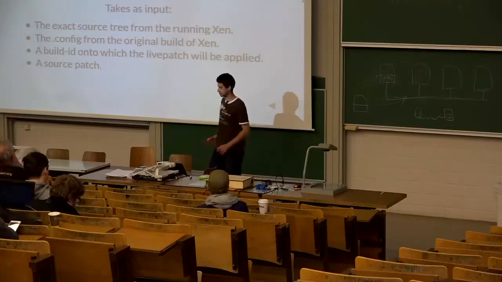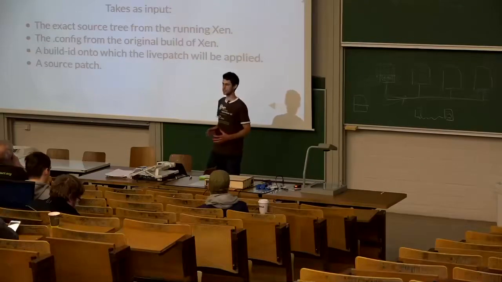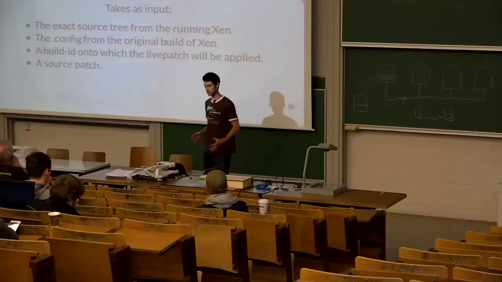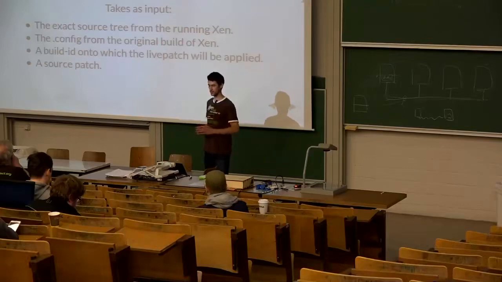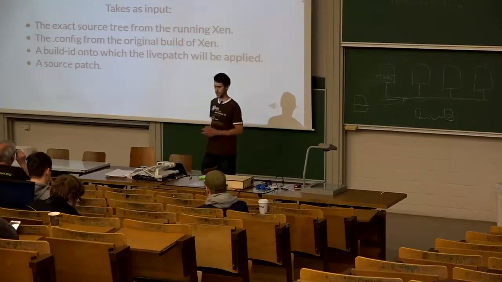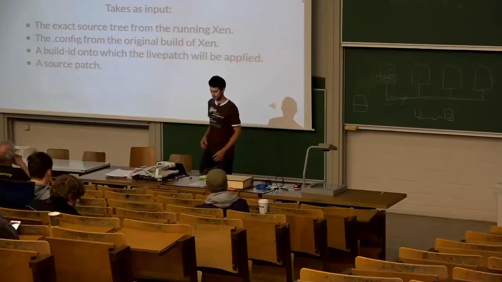It takes the source tree from the running version of the hypervisor and the config that was used for it. It also takes the build ID onto which it needs to be applied. This is what implements the stacked dependency tagging that we had on the hypervisor. And then most importantly, it takes the source code patch, which is the interesting part.